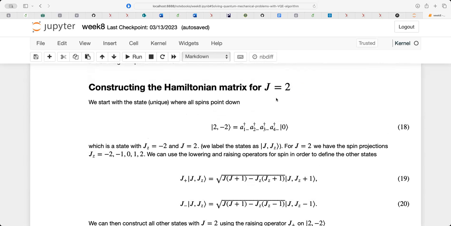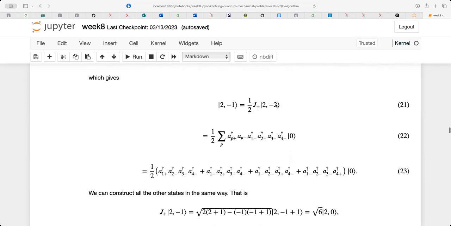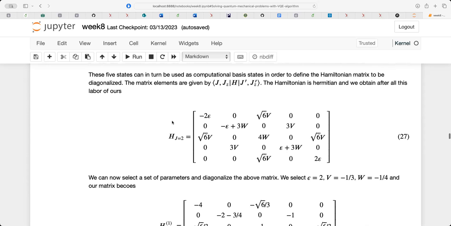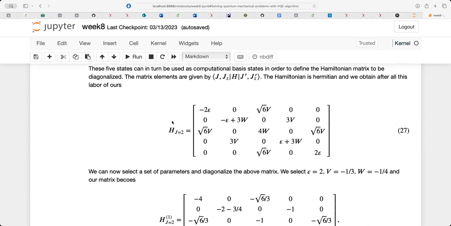You can have a total angular momentum which is 2, which means that you have 5 projections: -2, -1, 0, +1, and +2. That means that you can set up your problem for 4 particles as a 5 by 5 matrix. So when you translate everything, you have all the algebra here. So this is a Hamiltonian matrix, which you would need to diagonalize if you have 4 particles present.